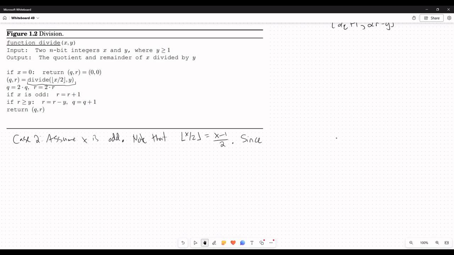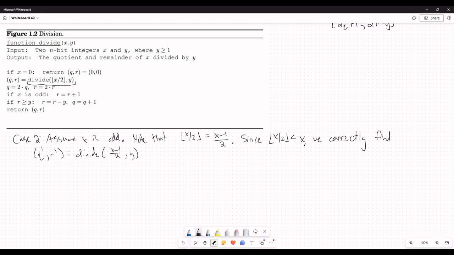Since the floor of x over 2 is less than x, we correctly find q prime, r prime equals divide of x minus 1 over 2, y.